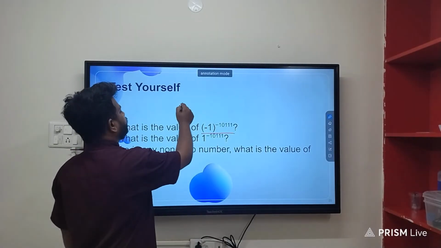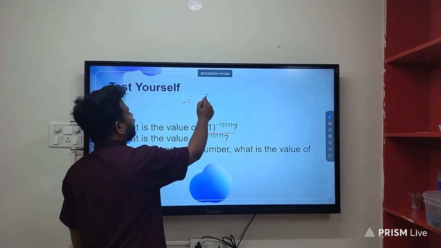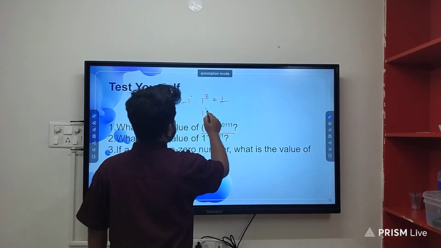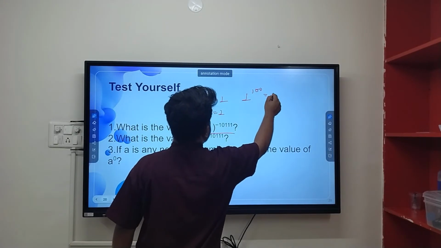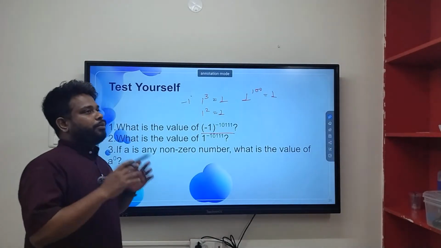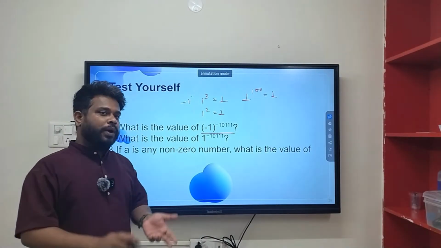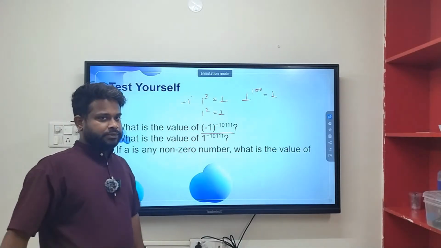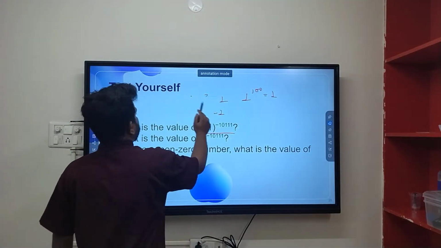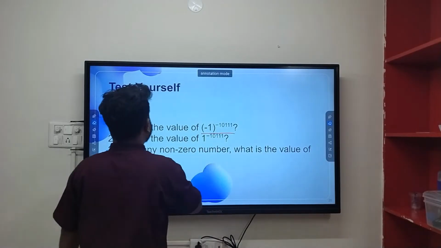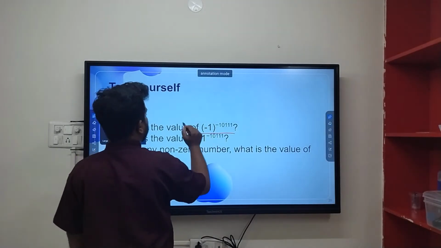We know that 1 to the power cube is 1, 1 squared is 1, and 1 to the power 100 will also be 1, because 1 has to be multiplied with 1 multiple times, be it 3 times, 2 times, 100 times, or so many times. But what about the sign? Here the sign is minus.